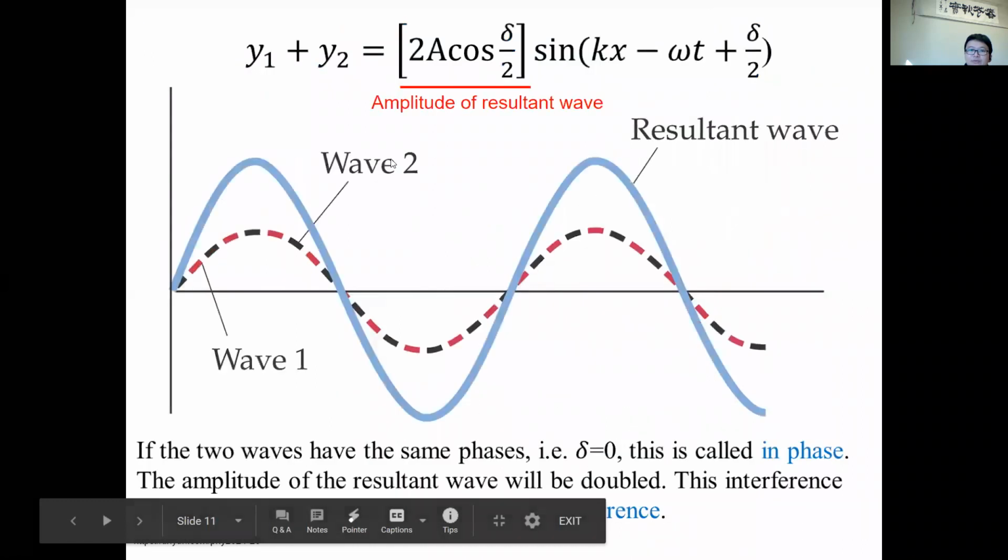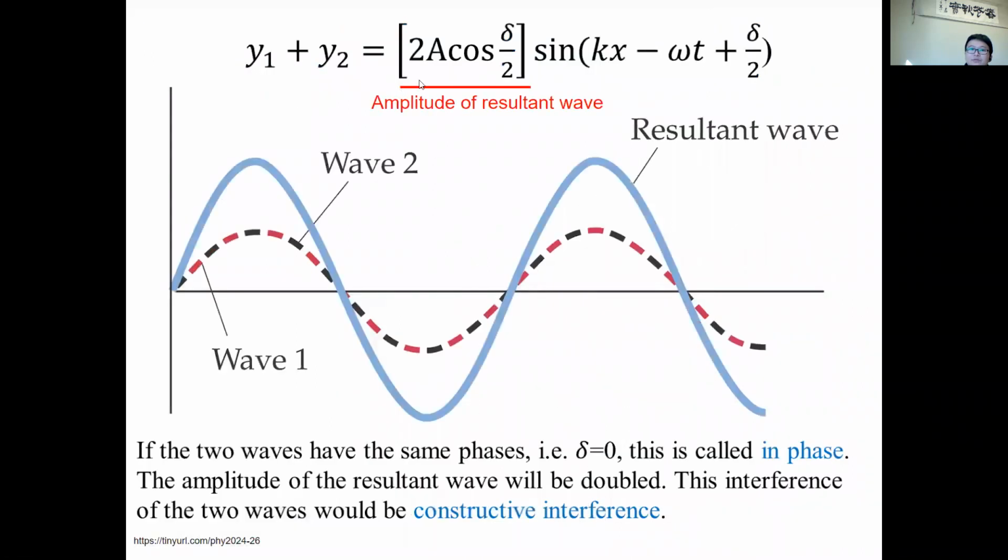The result will be 2 times cosine of delta over 2, times sine of (kx minus omega t plus delta over 2). Here k is 2 pi over lambda, and omega is 2 pi times frequency, or 2 pi over period. So this is the resultant wave function.